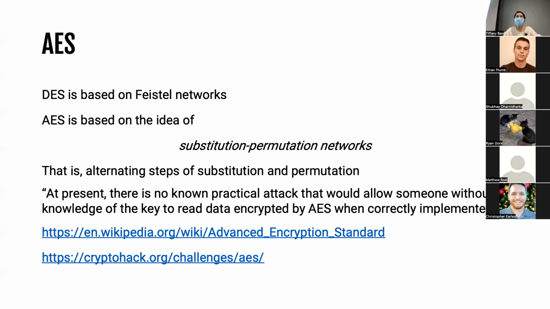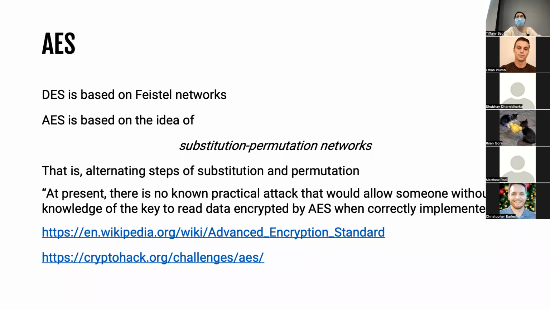But in each round, instead of a Feistel network, it uses a substitution-permutation network, which alternates steps of substitution, like the S-box we talked about from the Feistel network, and permutation.